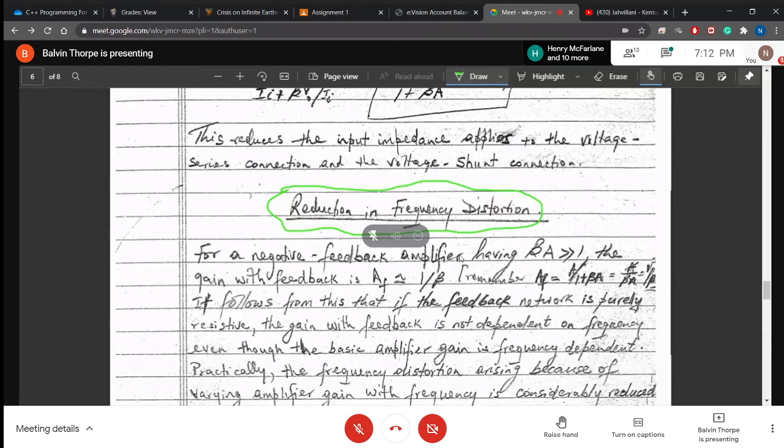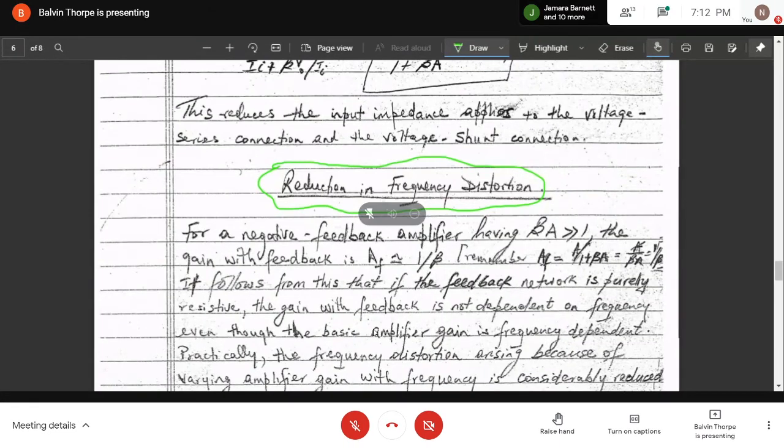But when we look at networks such as integrators, we realize that the feedback network is not purely resistive.